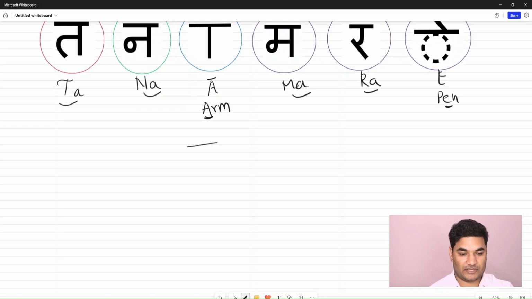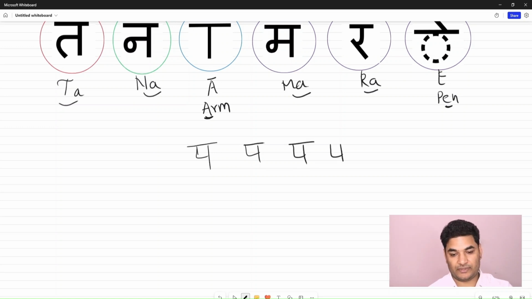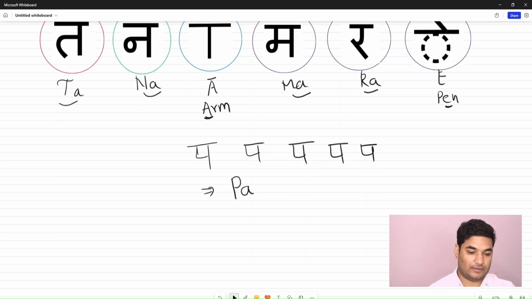Now let's start with today's letter, today's alphabet. This is a consonant written like a 4 with a horizontal line above. Pronunciation for this one is p, p. Equivalent to this one in English is the letter P. Fine.